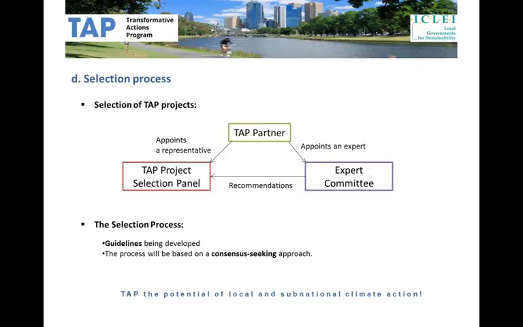And a final information is that the process will be based on a consensus-seeking approach, rather than a strict voting system whereby a majority would win. The selection will rather be based on a consensus-seeking approach, that is really looking for general agreements on what a good TAP project is.